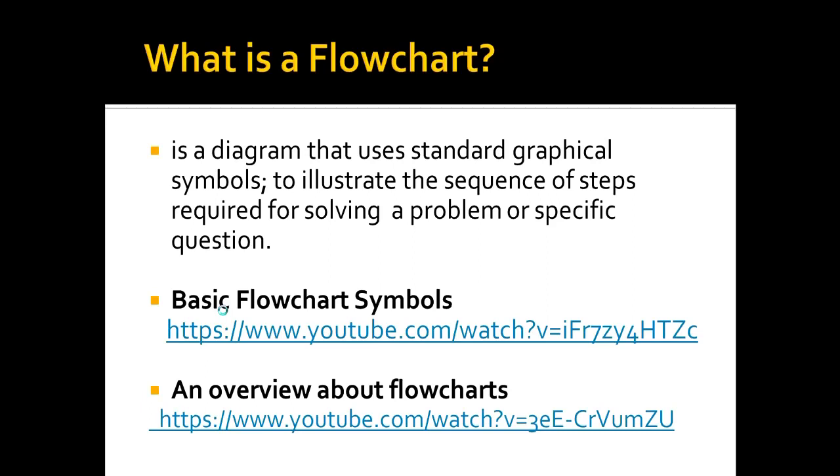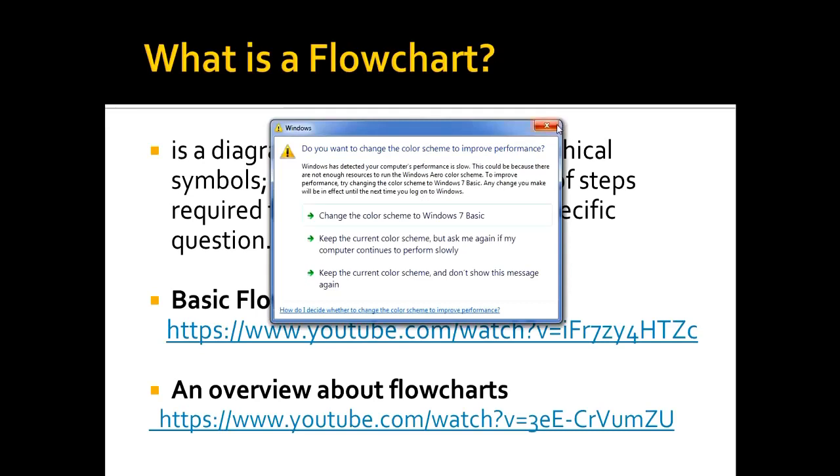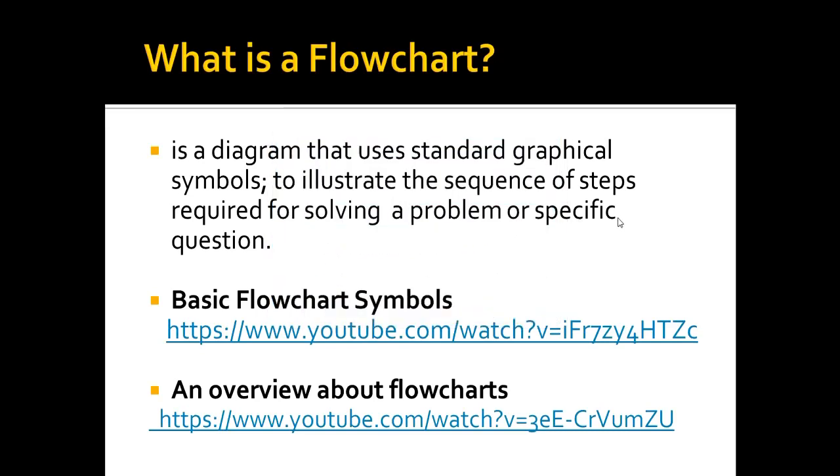That diagram uses standard graphical symbols to explain the sequence of the steps. What is the sequence of the steps? The algorithm for solving a problem or a specific question. So we're going to represent what we wrote in the algorithm in the form of a diagram.